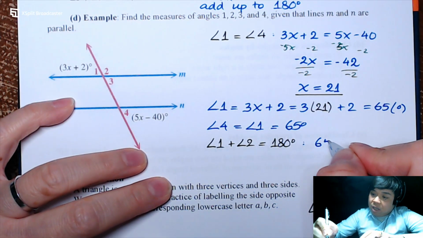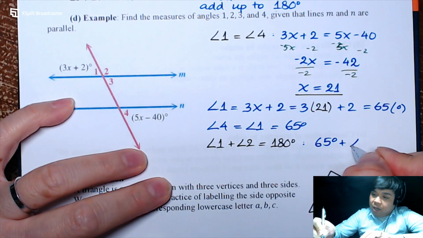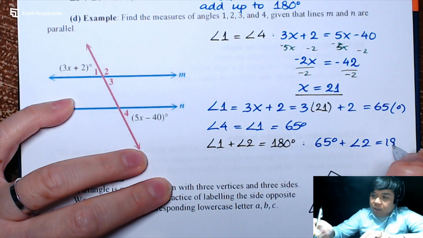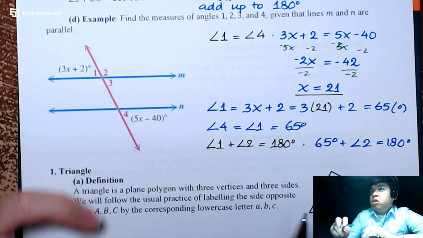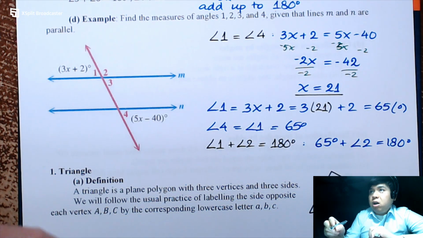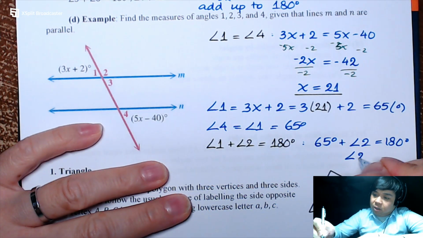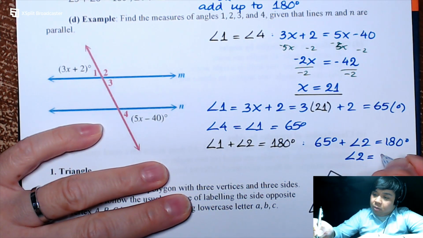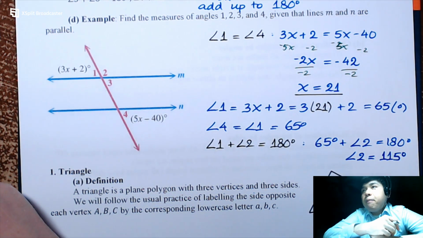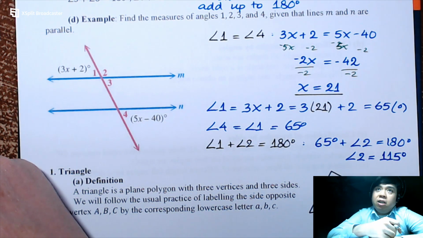We already know that. Angle 2 is 180 minus 65, which is 115. That's angle 2.